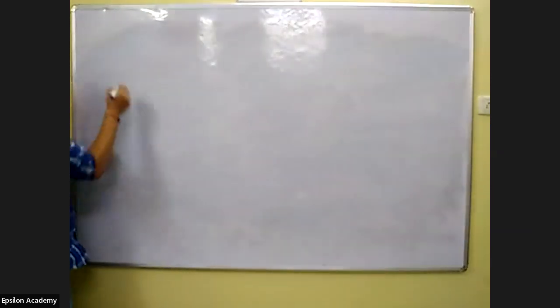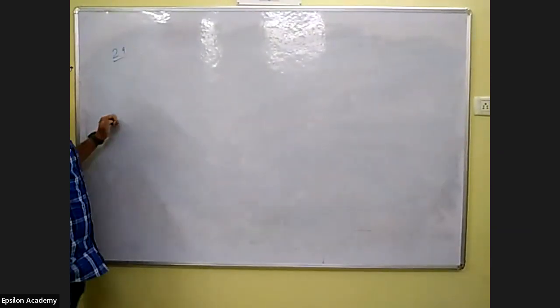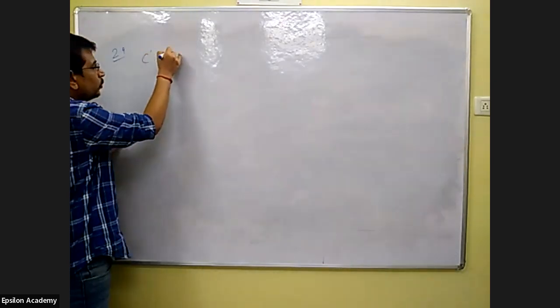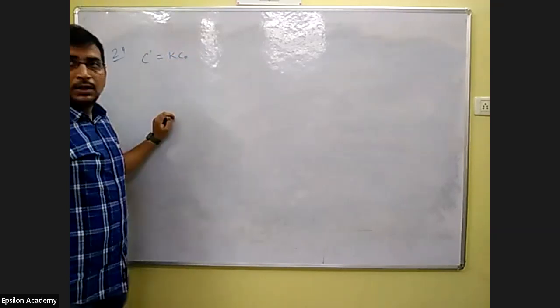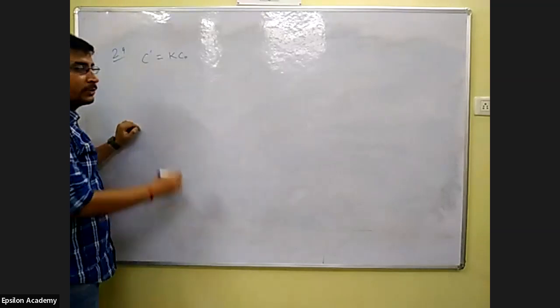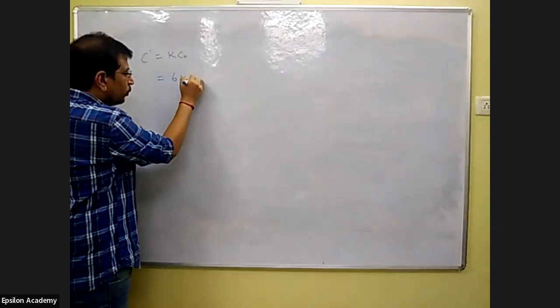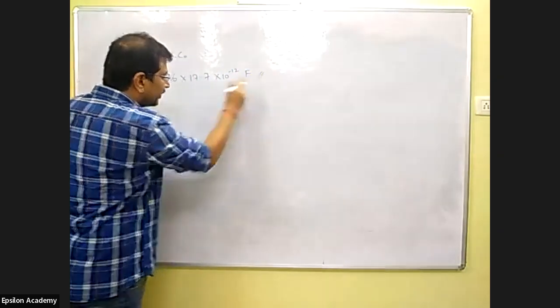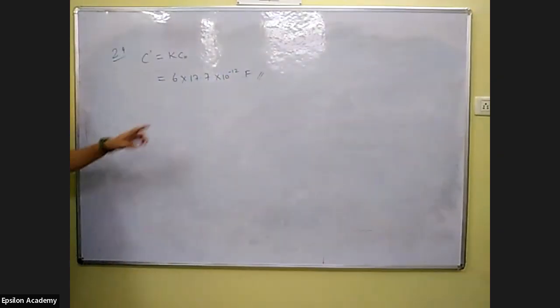What would have happened to the capacitance in the dielectric material? Mica is there, right? Mica is a dielectric material. And what is the dielectric constant given? 6, right? So C dash will be equal to K times C naught. What is the value of C naught we got in the previous case? 17.7 into 10 power minus 12. So 6 into 17.7 into 10 power minus 12. So this is going to be the capacitance.